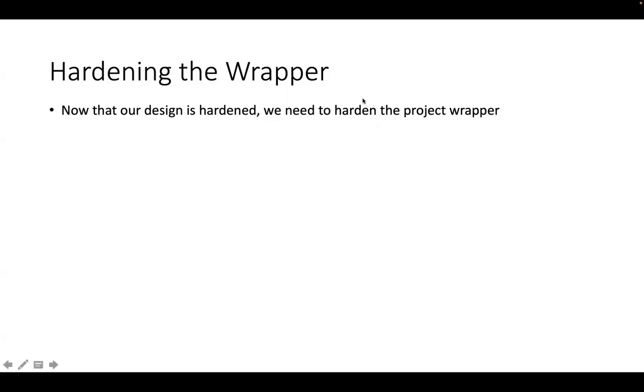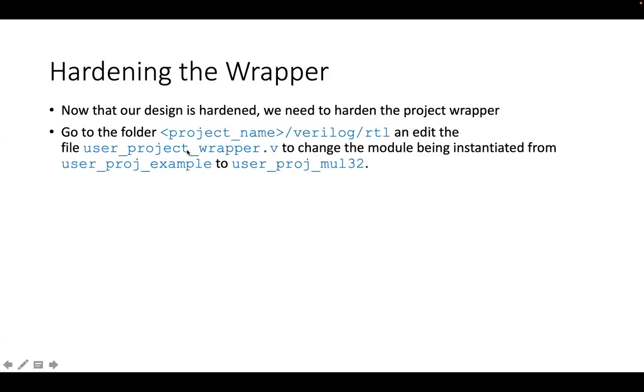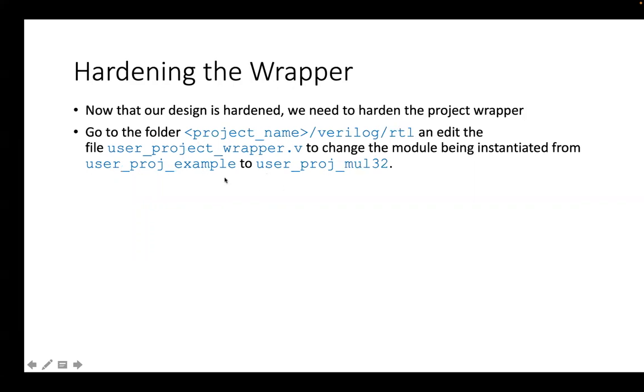So now that we need to harden the wrapper, we first need to make some little changes. The first one is going to project name, Verilog, RTL, and editing the file user_project_wrapper.v to change the name of the module being instantiated from user_project_example to user_proj_mul32.